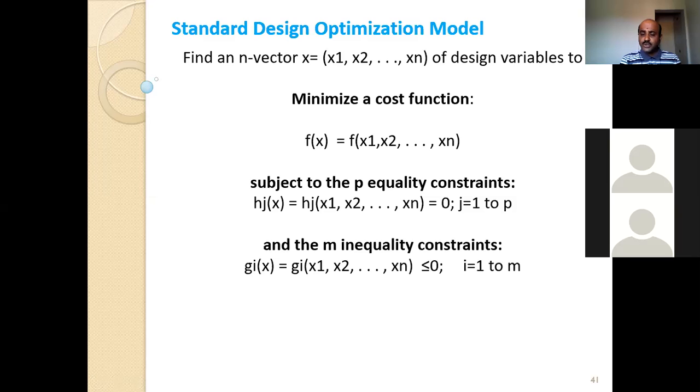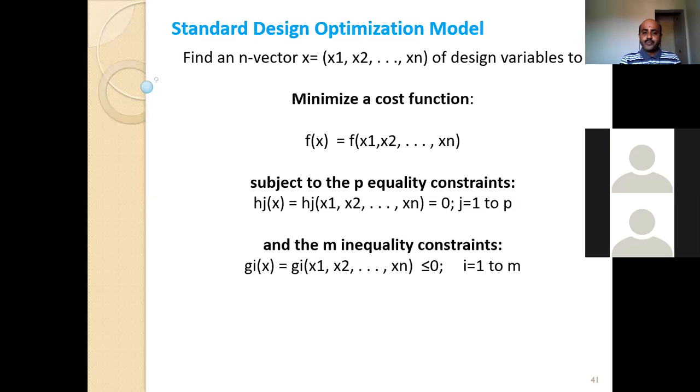This is the solution you will get in your optimization problems. In the sense, to find an n vector means that once you get the solution for any optimization problem, that solution will be in the form of numerical values for the design variables. Then the solution will be optimized.